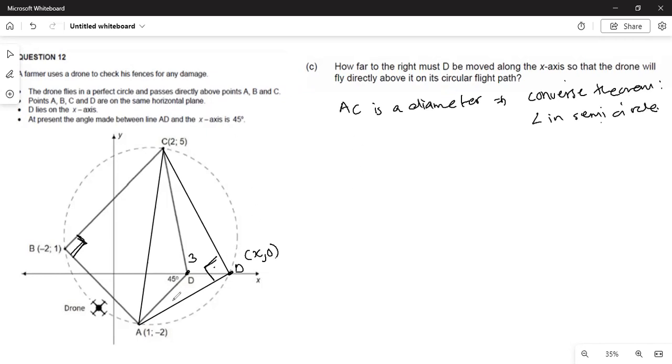Then we will calculate the midpoint of our diameter, which would be 2 plus 1 over 2 and 5 plus 2 over 2, giving us the midpoint of 3 over 2 and 3 over 2.